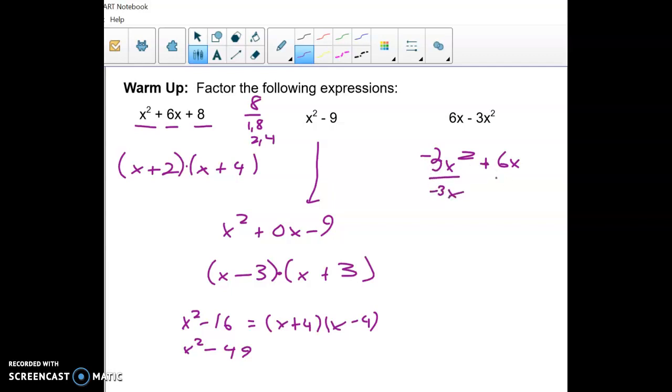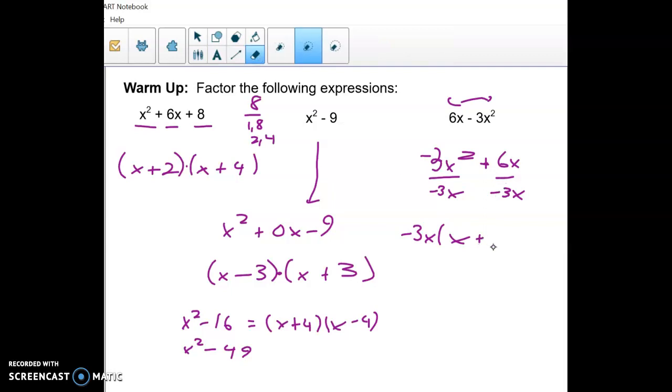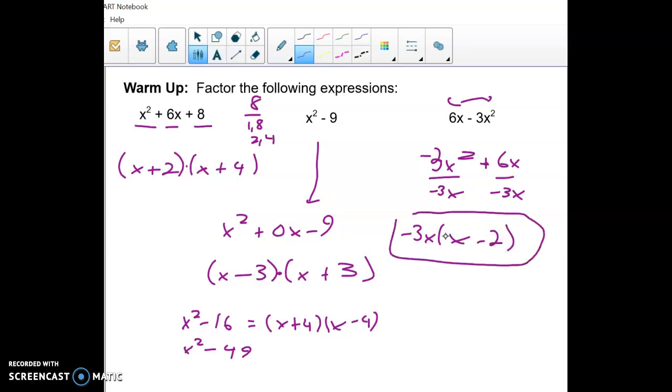So we're going to pull out negative 3x here. You'll see later why that actually matters. But reversing these two, putting the highest exponent first, and then if the first thing is negative, pull out a negative. So that will leave us with x and then minus 2. I don't know why I wrote plus. 6 divided by negative 3 would be minus 2. And so that would be what it looks like in factored form.